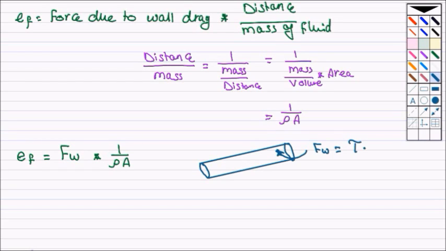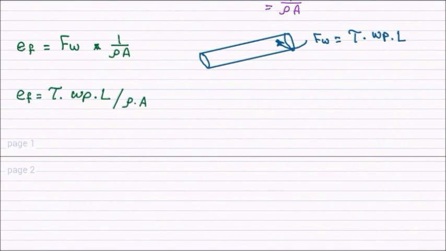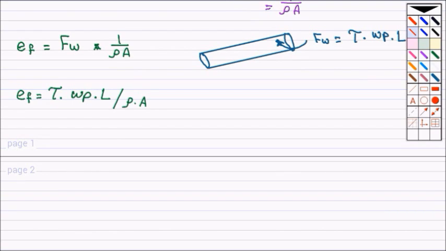The force due to the wall drag will equal the stress of the wall times the area, where the area is the wall perimeter times length, WP times L. So now EF will equal wall stress tau times wall perimeter times length L, divided by density rho times area A. So friction loss will equal tau divided by rho times WP, wall perimeter, divided by A, times L, the length of the pipe.